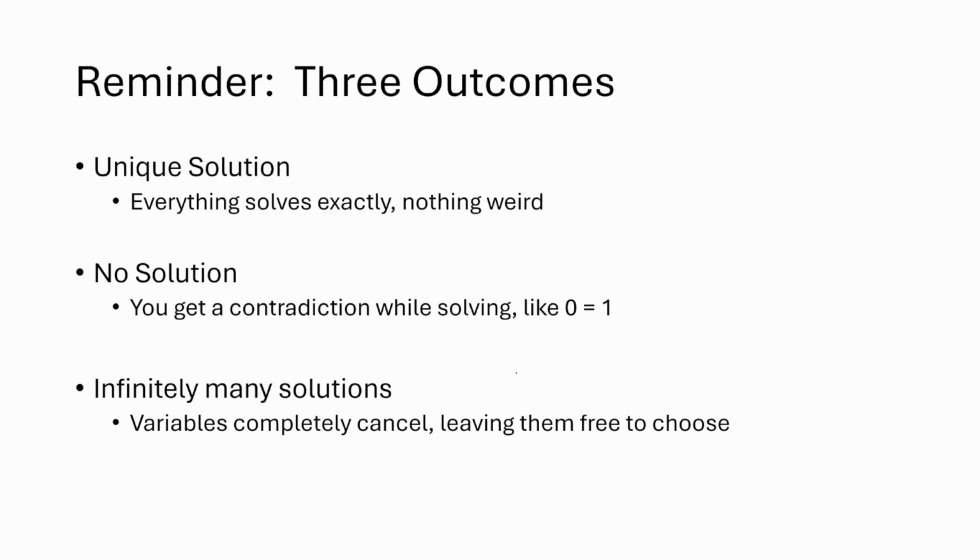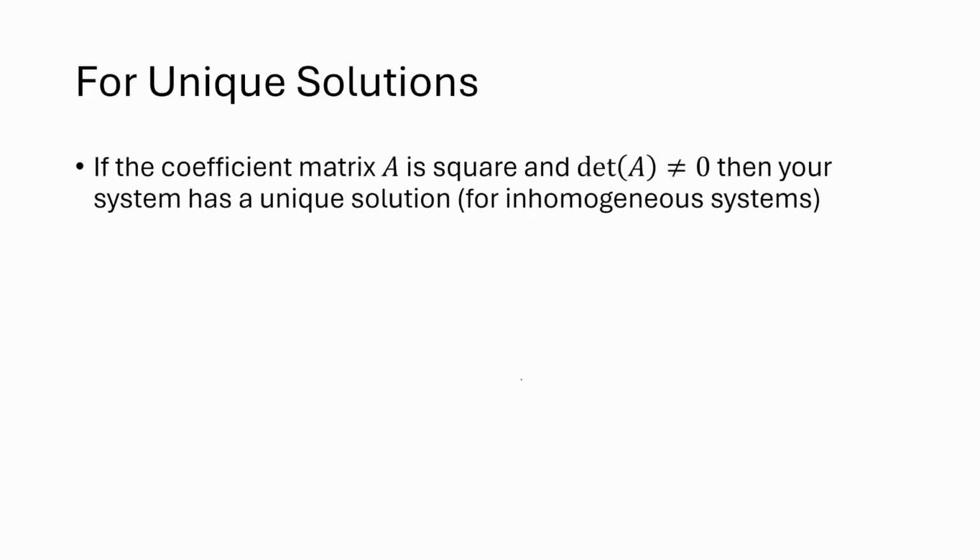Okay, so these are our possibility spaces of what might come out of solving this. Looking at systems that have unique solutions, and if you're like, but how do I know if there's a unique solution? We're getting there. But let's start with this case.